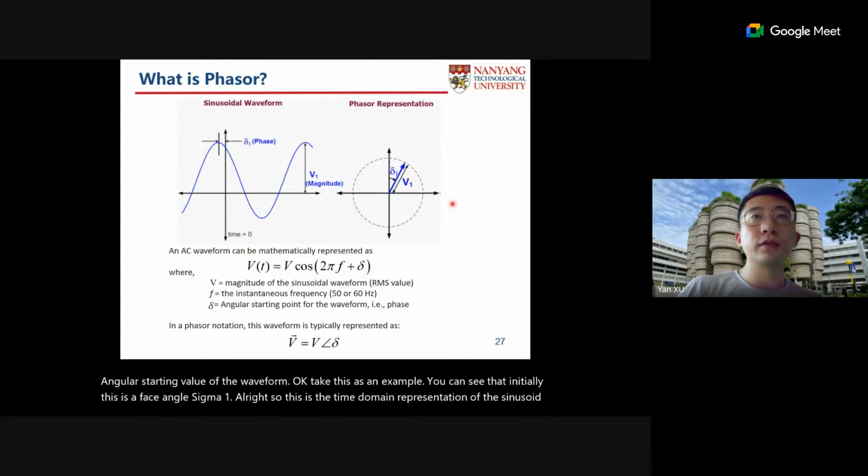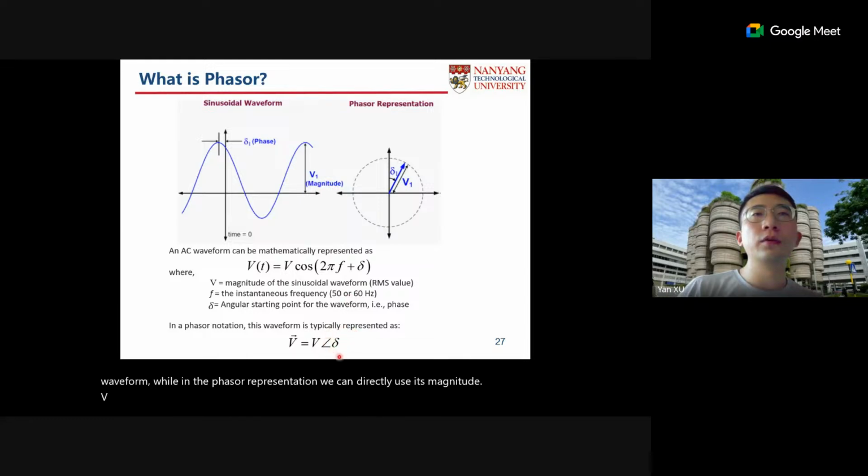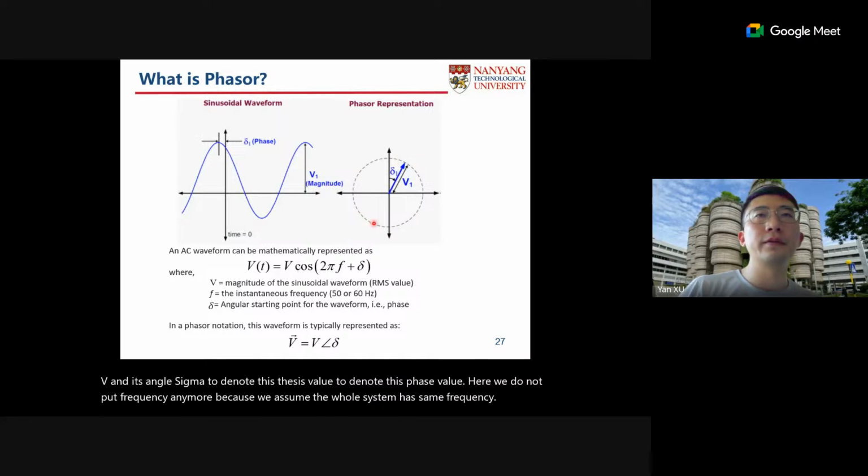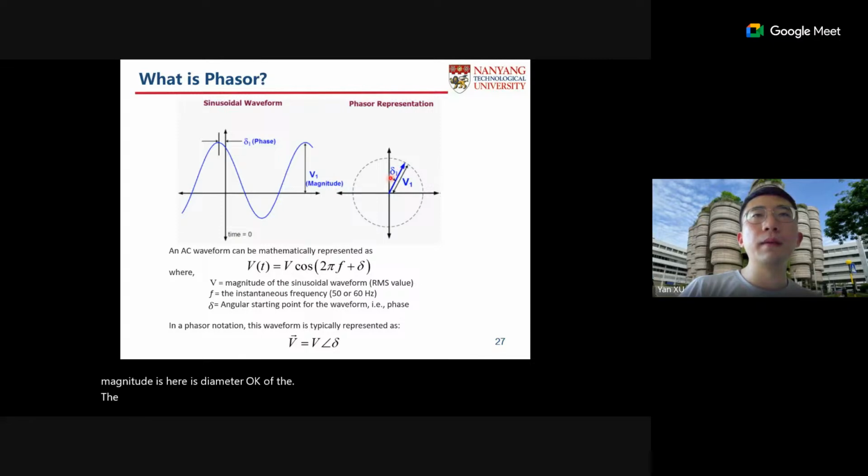In the phasor representation, we can directly use its magnitude V and its angle sigma to denote this phasor value. Here we do not put frequency anymore because we assume the whole system has the same frequency. In the phasor representation, the voltage magnitude is the diameter of the circle, and sigma is the starting value of this complex number.